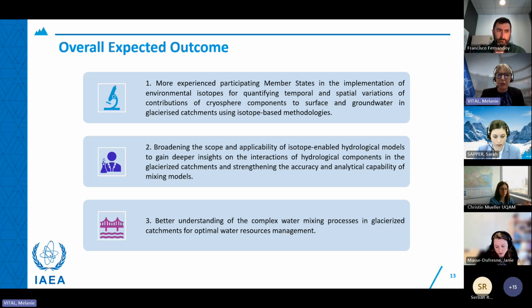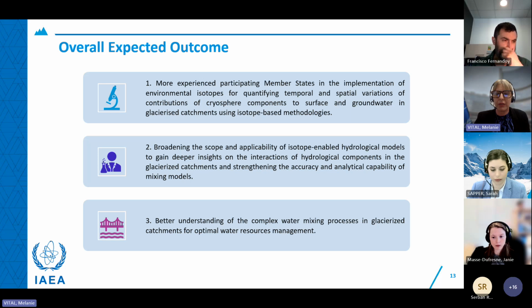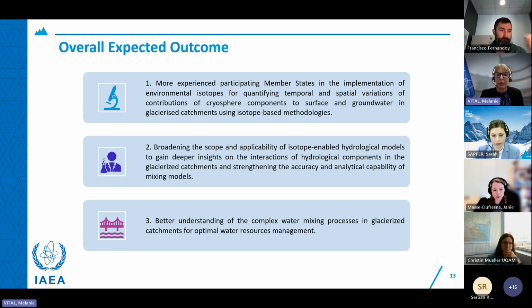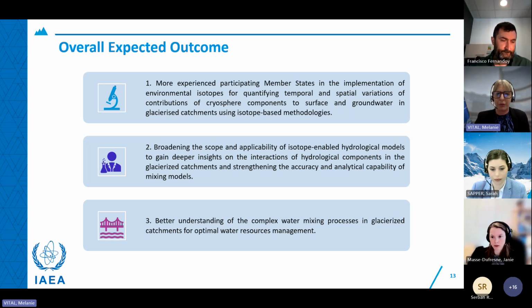We aim to broaden the scope and applicability of isotope-enabled hydrological models to gain deeper insight into the interaction of hydrological components in the glacierized catchment and strengthen the accuracy and analytical capability of mixing models. Finally, the last expected outcome is a better understanding of the complex water mixing processes in glacierized catchments for optimal water resources management.